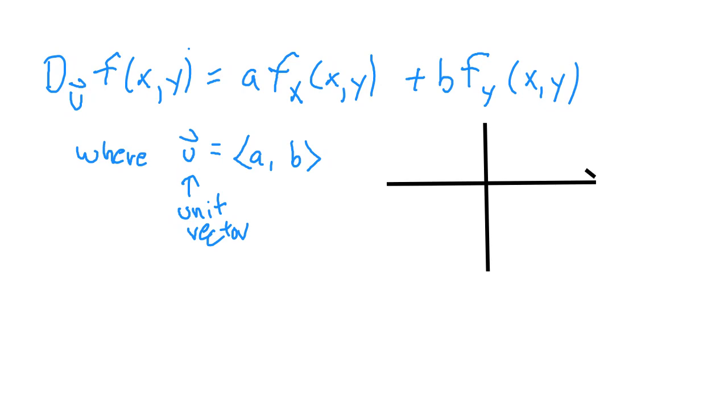So if we think of an x-axis and a y-axis, and we were to draw some vectors, that could be a vector, that could be a vector, this could be a vector.